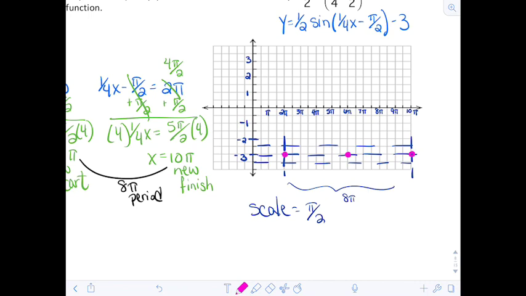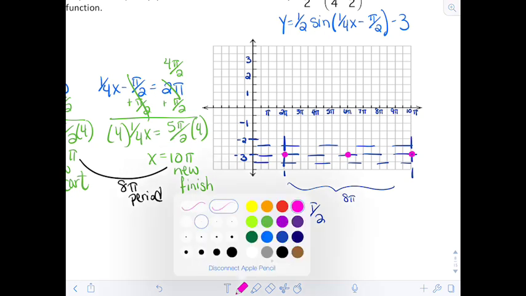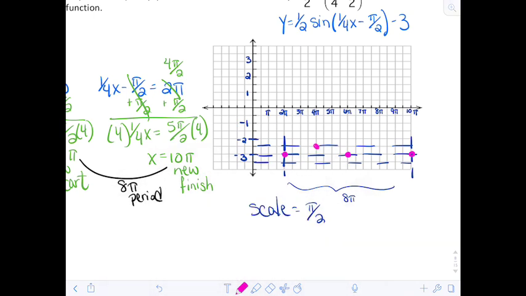And then halfway between 2 pi and 6 pi, the sine function should be at 1. Well, the difference in that is 4, so go in 2 pi from each side, and I'm at 4 pi. And then halfway on the other end would be at 8 pi. So this would be one wave of my sine function.